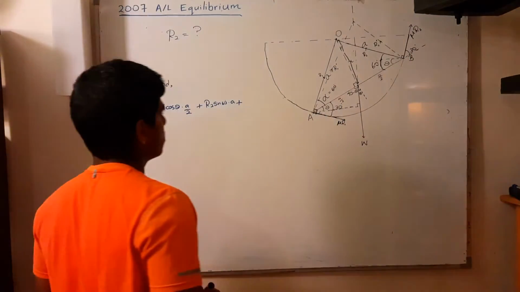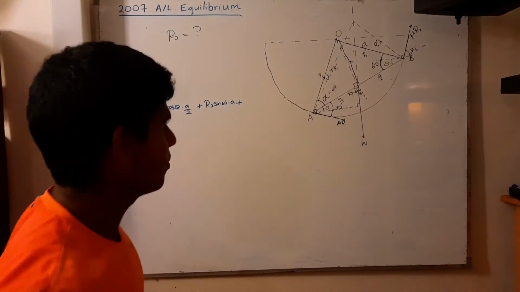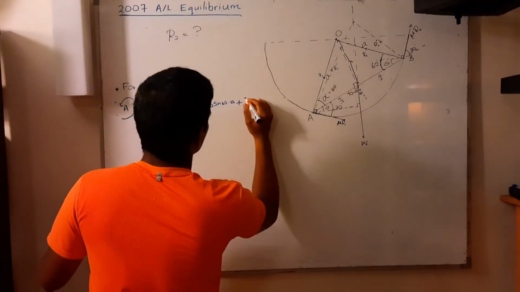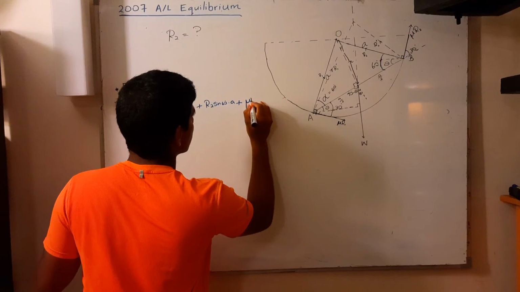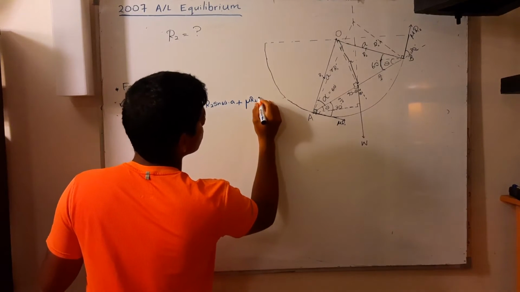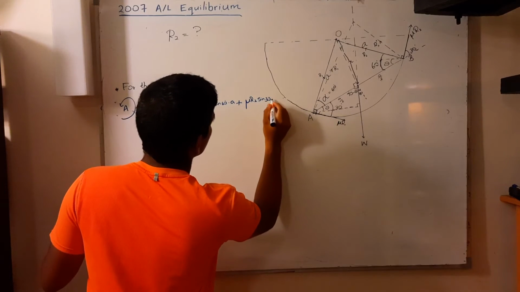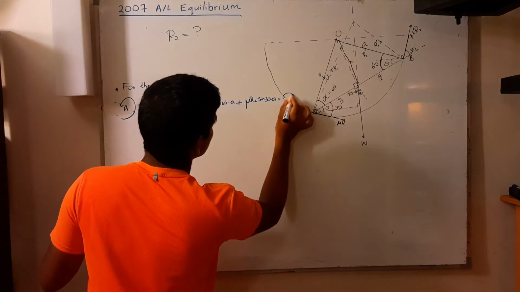That's something we needed in order to take the moment. So plus mu R2 sine 30 into A equals 0.